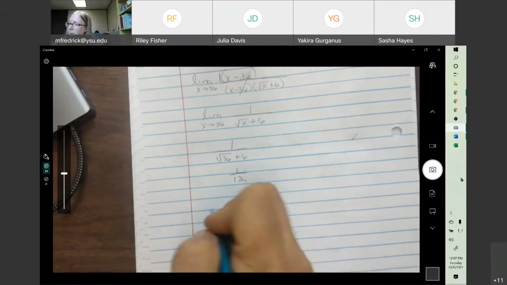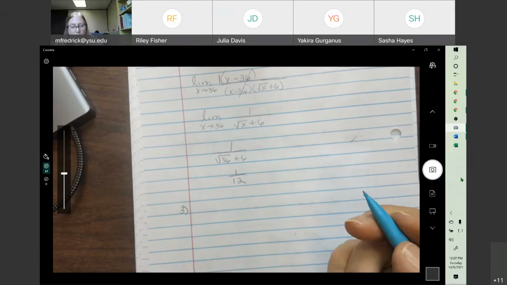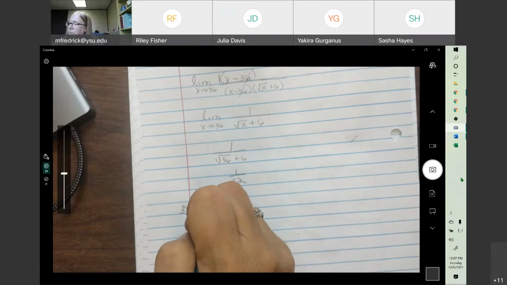The last case is when we get 0 in the denominator, but not in the numerator.